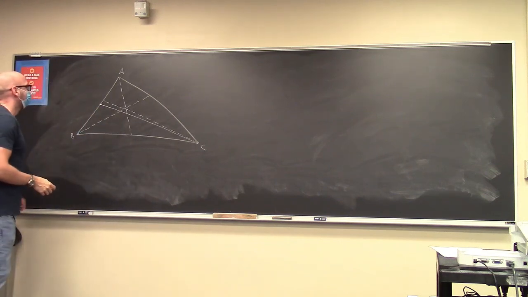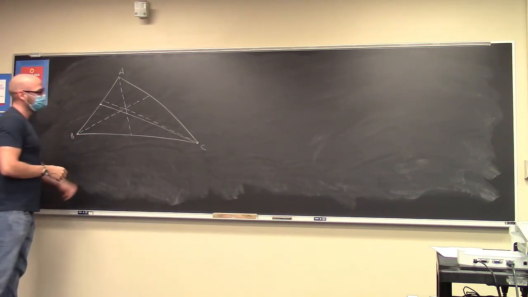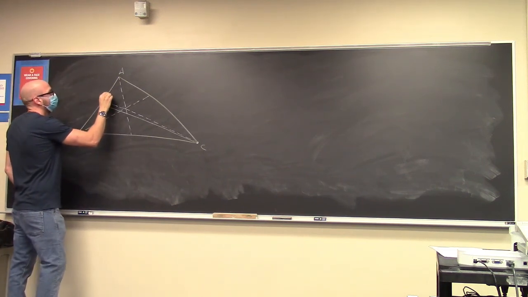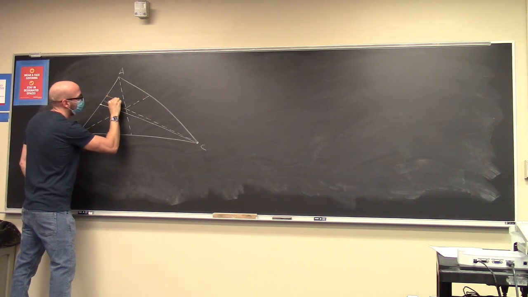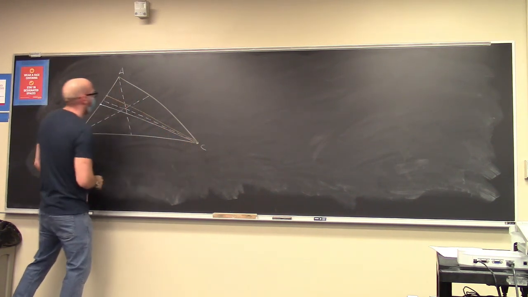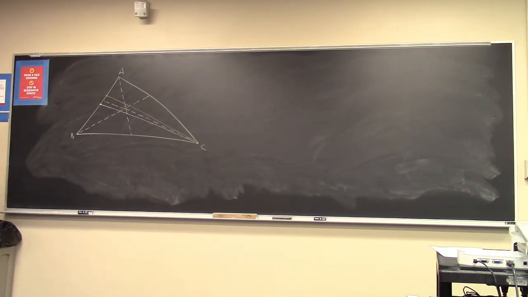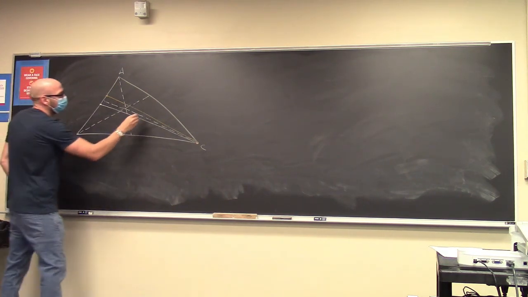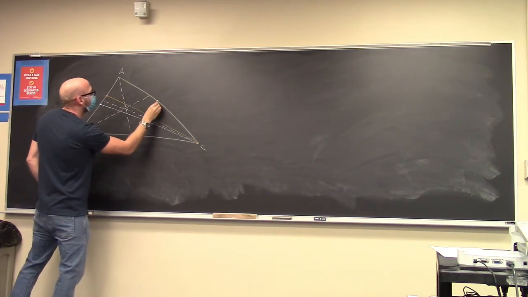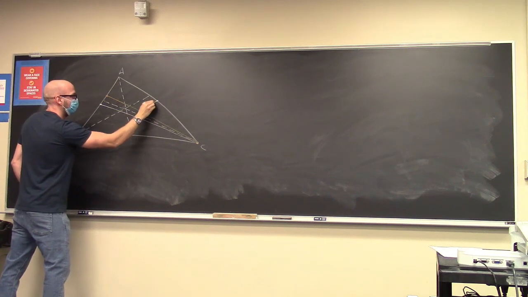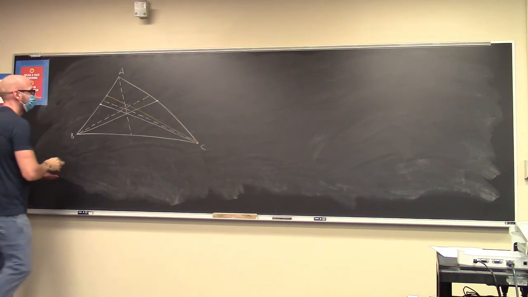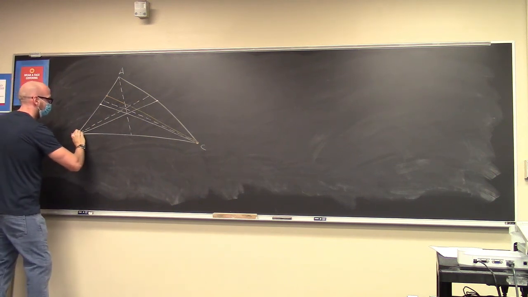And I want to reflect it through this angle bisector to get the symmedian. All right, let's try that again. Let's do another median. Halfway down this line AC, this line's not very straight, but maybe about there. Draw on this median, and we'll reflect it to get the symmedian.